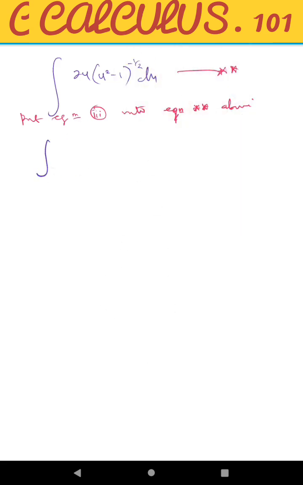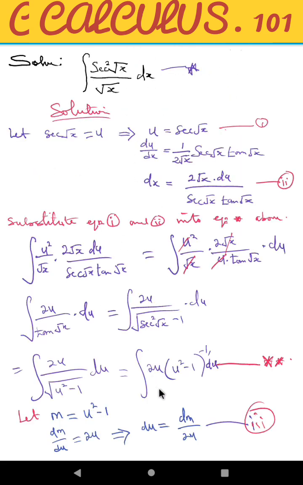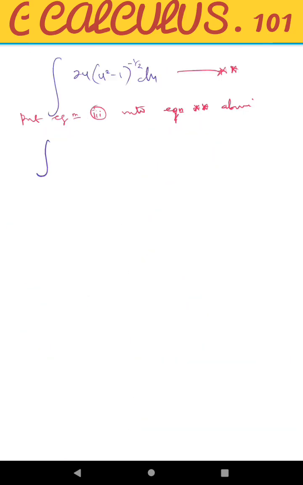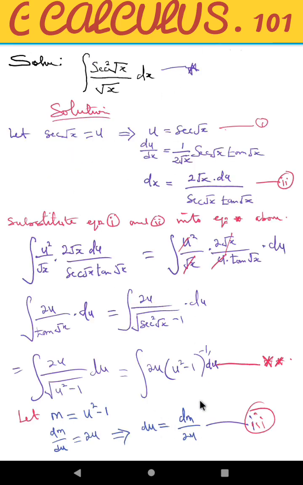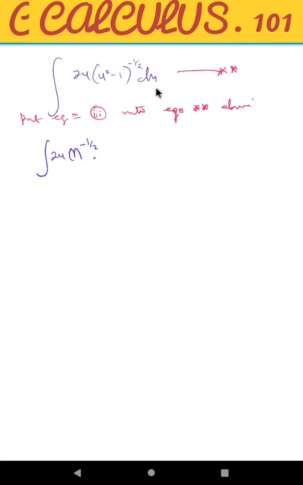the integral of, now remember we have 2u here, so we're going to have 2u, and in place of u squared minus 1 we have m, so let's put that. We have 2u, then m raised to the power of minus half, then our du, which is dm over 2u.